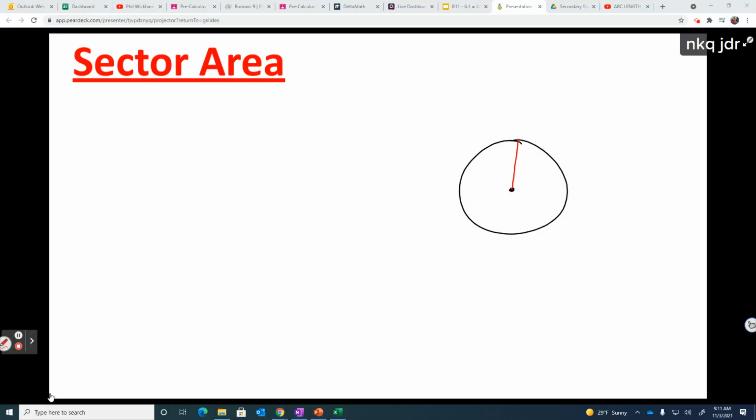We have this same idea here, a central angle, and now we're talking about area. So a sector is like a piece of the circle. Think of this as like a giant pizza, and you're trying to find the area of your slice of pizza. So that is the sector area, the shaded area.